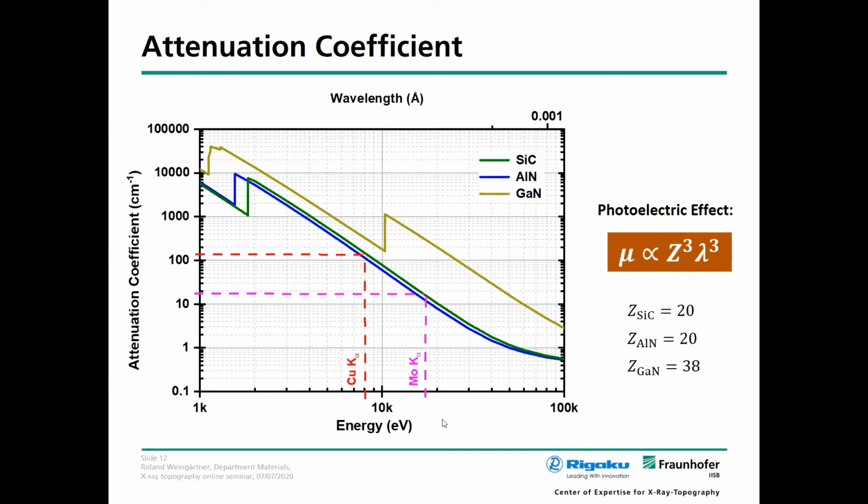These rotating anodes we have in the XRTmicron can also be changed programmatically very easily. Nevertheless, in gallium nitride, due to the absorption edge, this is a complicated material, and we have no difference between these 2 anodes.